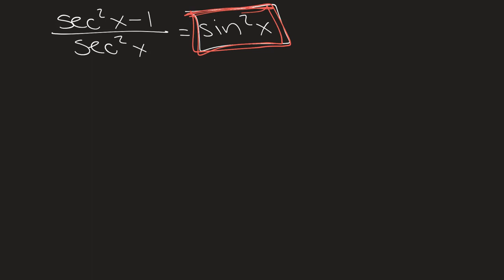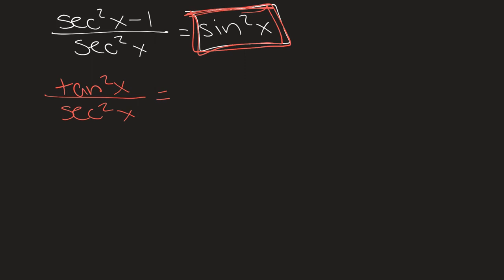Hopefully you see that secant squared minus 1 equals tangent squared. Oops, I put theta. Once again, theta, x, alpha, beta, all of those are the same. Okay, so now I've got tangent squared over secant squared, and it still needs to equal that sine squared.